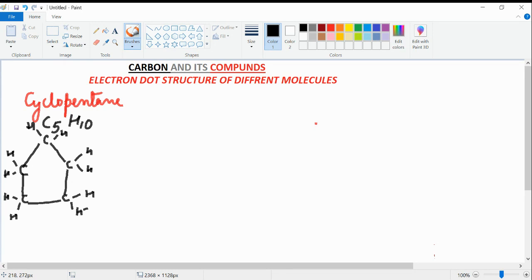And now we will draw the electron dot structure. As I told you, when there is single bonding, it means there is sharing of 1 electron from both the atoms. Structure should be the same and shape should remain the same, the pentagon. So let's draw.